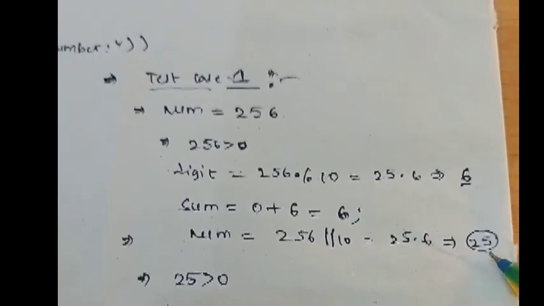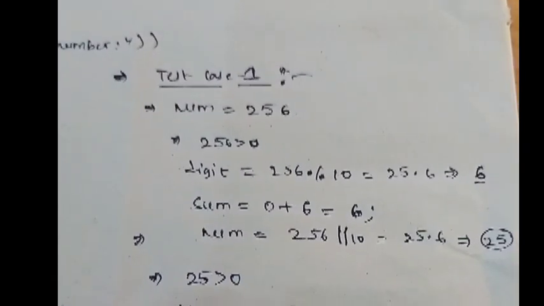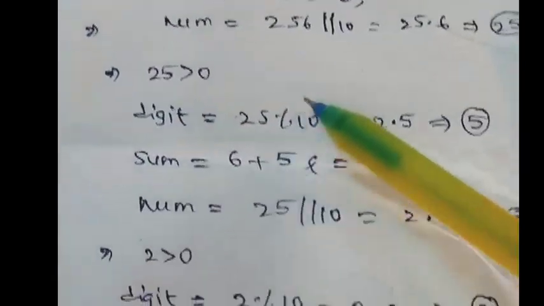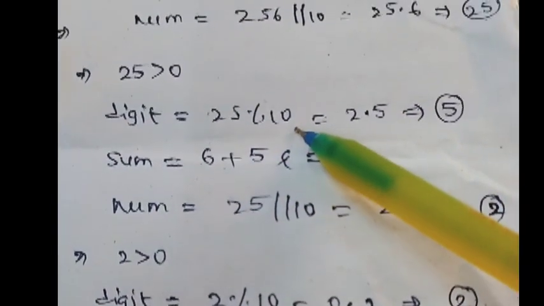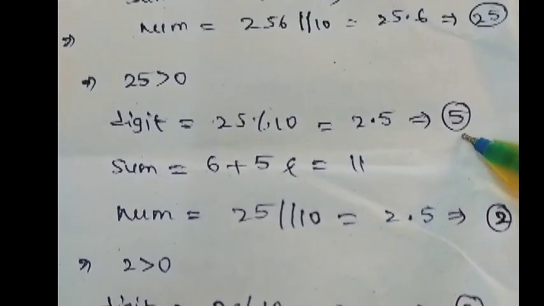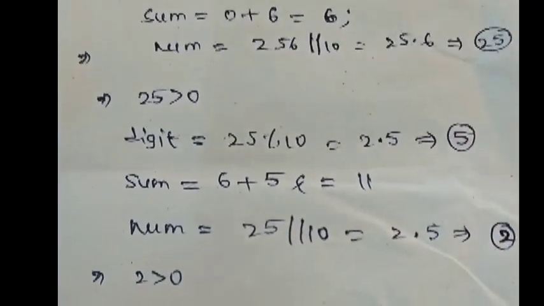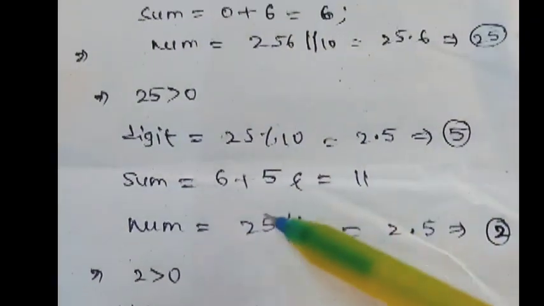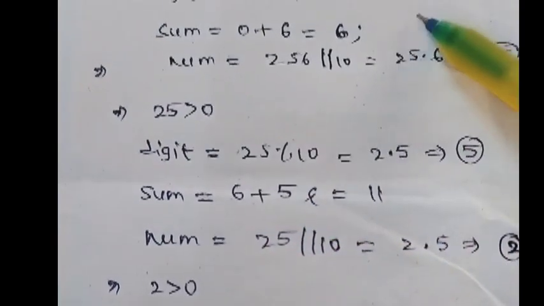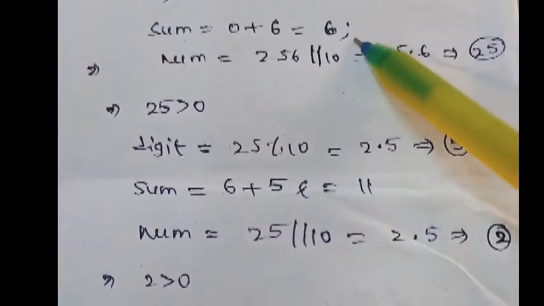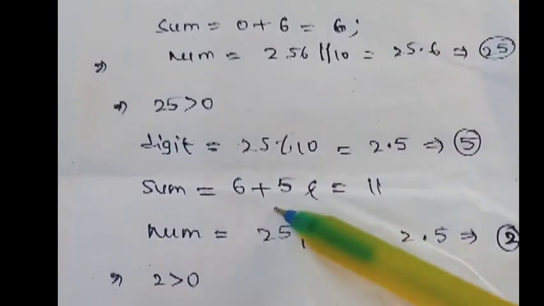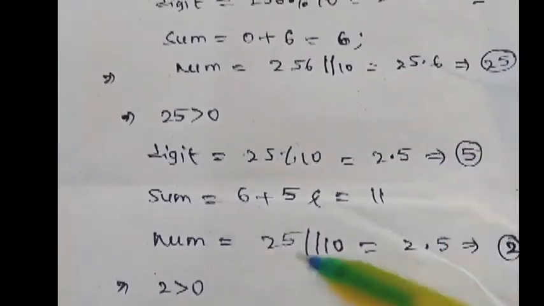From this you will get 25, where again num 25 is greater than 0. The condition is true, and digit = 25 modulo 10, that is 2.5. Modulus always gives the remainder, so we get 5, and sum = 6 + 5, where sum was updated to 6 earlier and digit is 5.